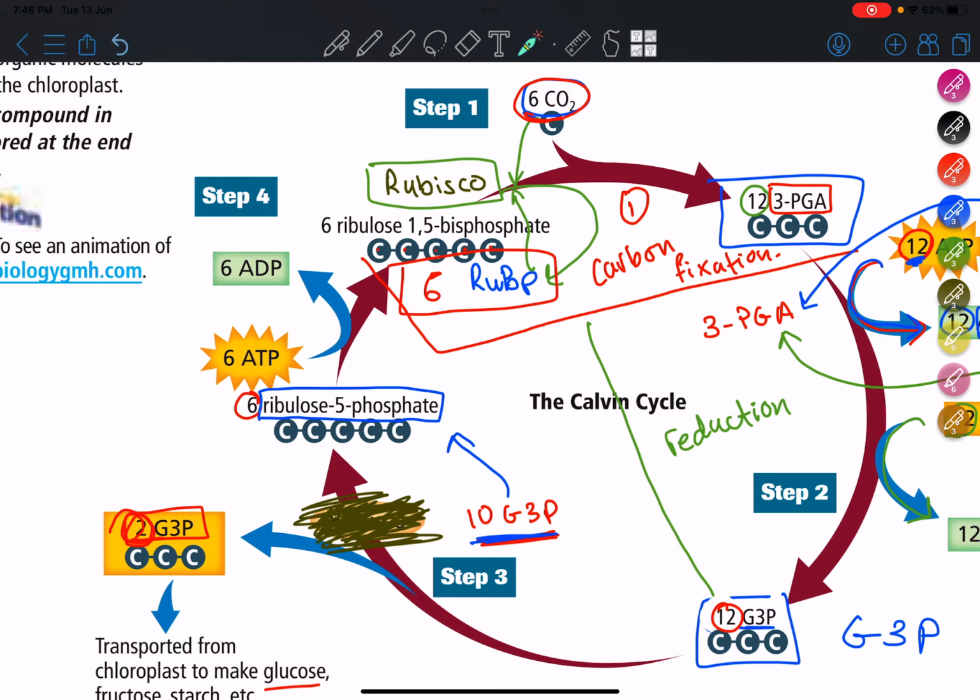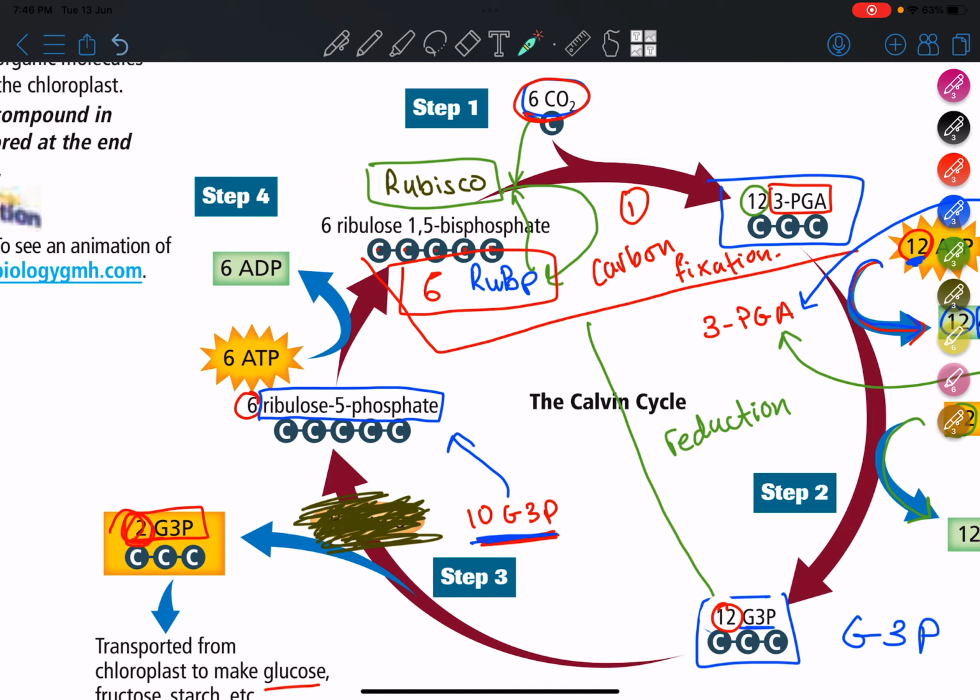Okay? And the Rubisco enzyme is also the enzyme that helps these 6 RUBP fixate with the carbon dioxide. So Rubisco is a biological enzyme, and it converts inorganic carbon dioxide molecules into organic molecules that can be used by the cell.